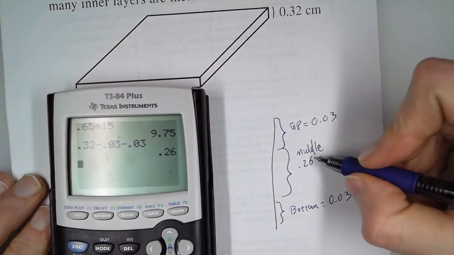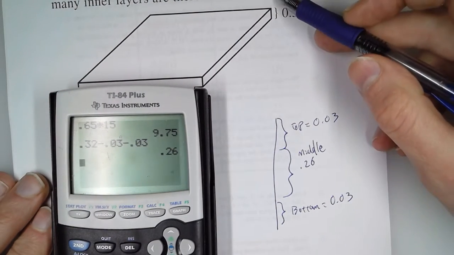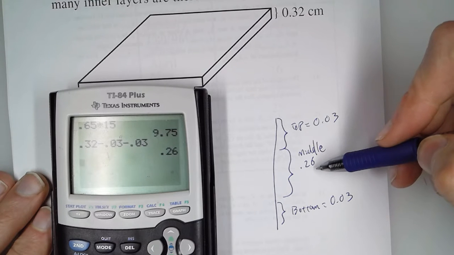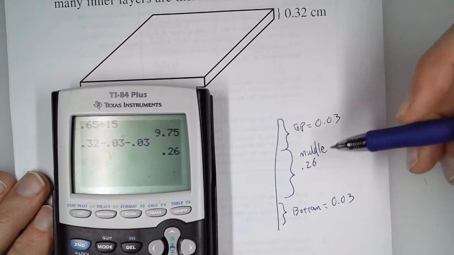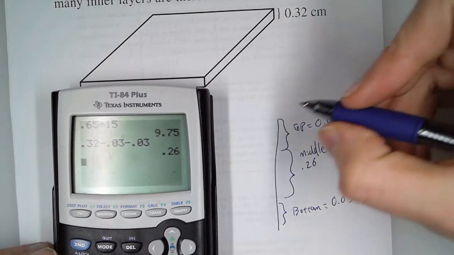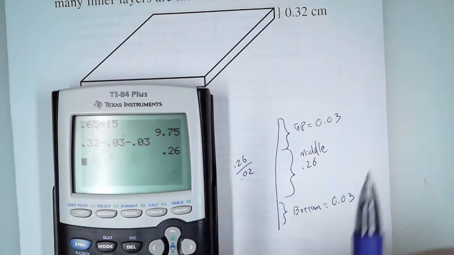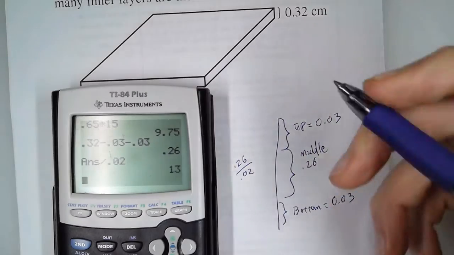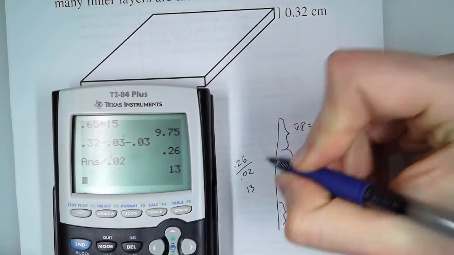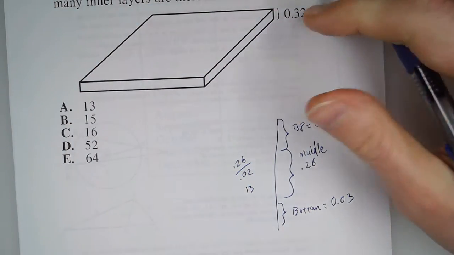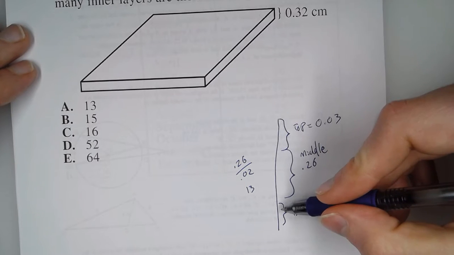So the question is, how many layers at 0.02 centimeters are going to take to make 0.26? To answer that, we take 0.26 and divide by 0.02. And we get 13. So there are 13 layers that make up the middle.